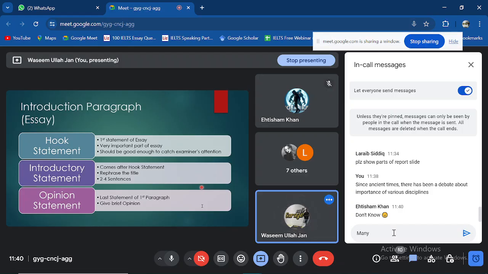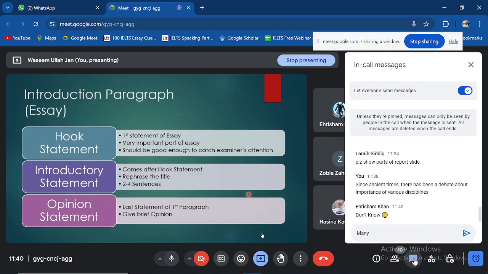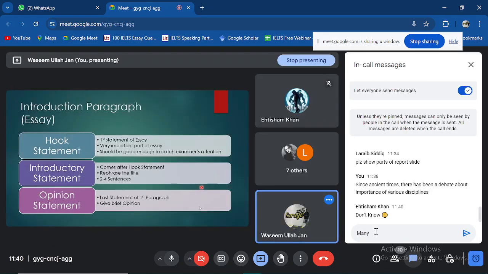Begetter, procreator, but these are not common ones. So let's go with individual. Many individuals think, in place of think I have put believe, that scientific disciplines, subject has been replaced by disciplines.